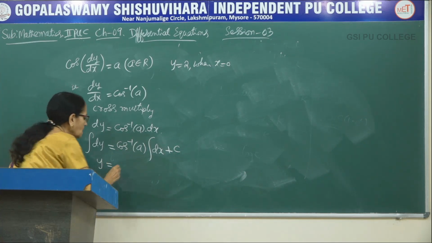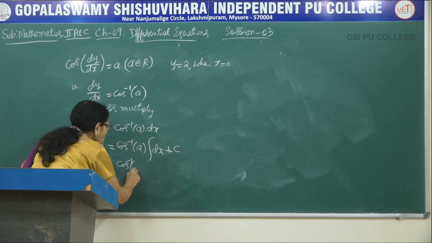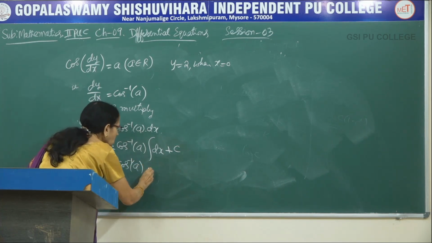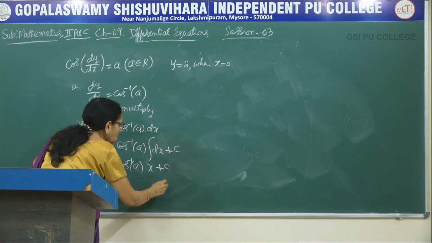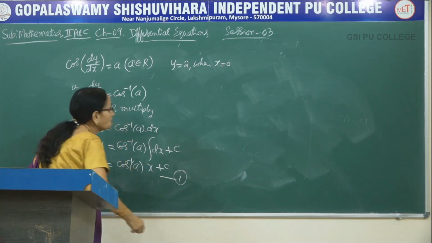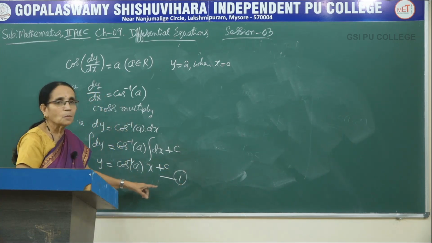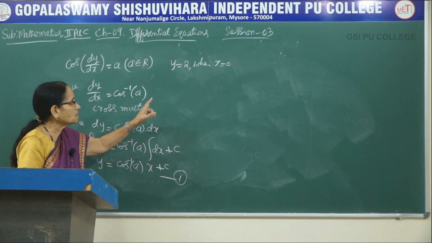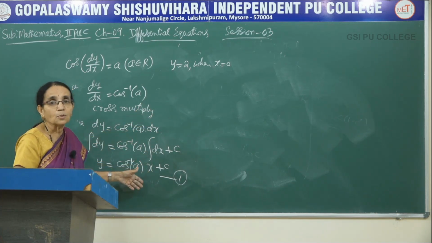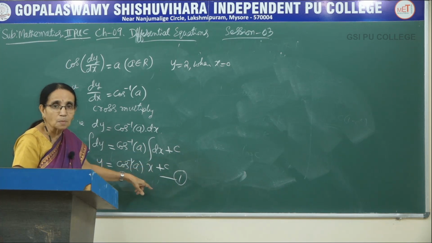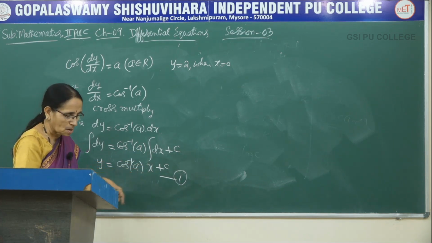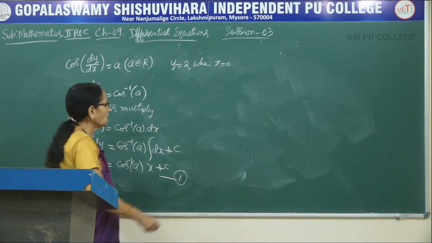It is y. Write cos inverse A as it is, and then the integral of dx is x, then C. Now take it as result 1. Why I am giving a number for this is, after substituting the values of x and y, we have to write back the value of C in this equation. So I am just giving a reference to that.